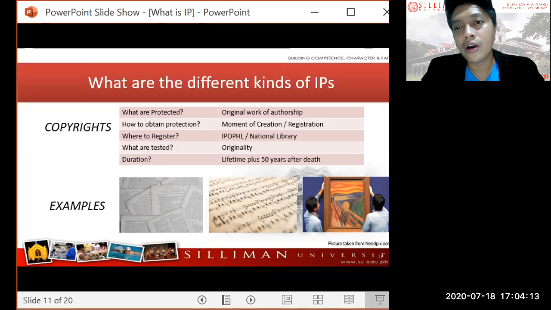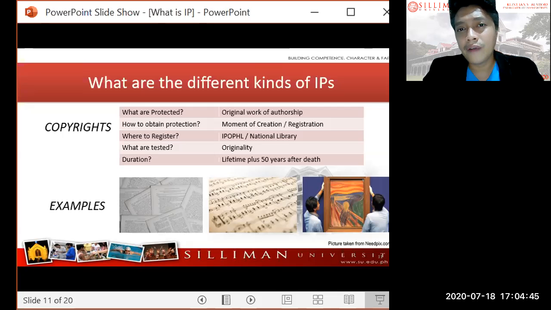The duration of the copyright is lifetime: as long as you are alive, your creation is still copyrighted, plus 50 years after death. A good example is that you cannot use Michael Jackson's music in your videos without permission because it's still copyrighted. You need to wait another 50 years. It's just an estimate because that is in the US.